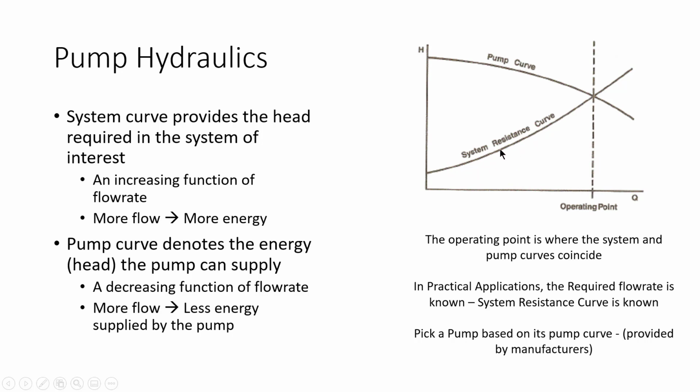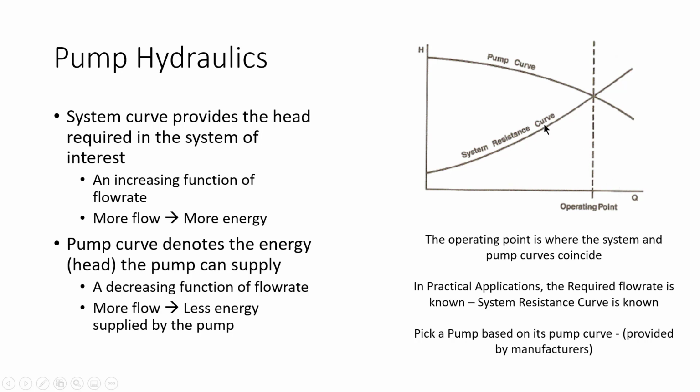So knowing our system, we create our system resistance curve, or our system curve, and then the manufacturer provides the pump curve. And usually we know the flow rate, or the operating point, where we want this to work. So we try and find a pump that will provide us that flow rate. If I had a curve of a pump that just went this way, then it may not be sufficient for us.